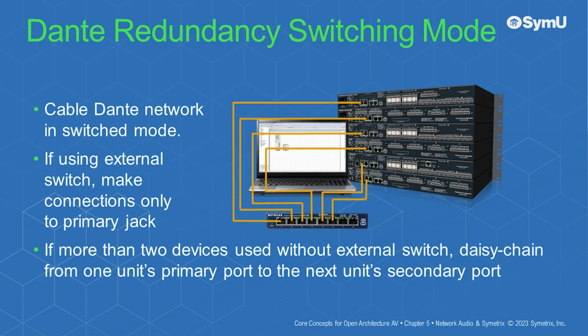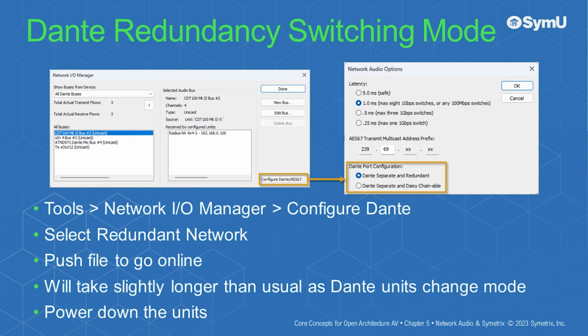In other words, if using an external switch, make connections only to the primary jack. If more than two devices are used without an external switch, daisy chain from one unit's primary port to the next unit's secondary port. In Composer, go to Tools, Network I/O Manager, Configure Dante, then select Redundant Network.